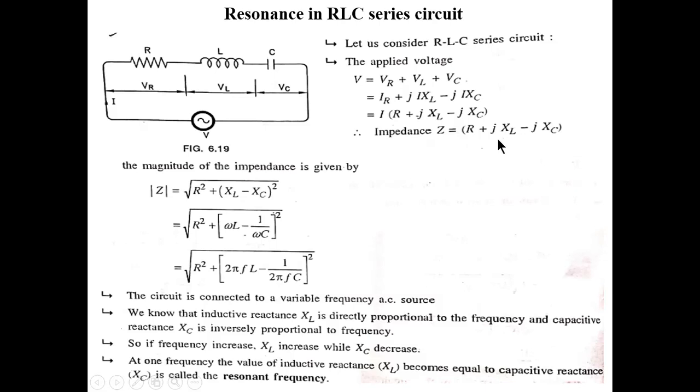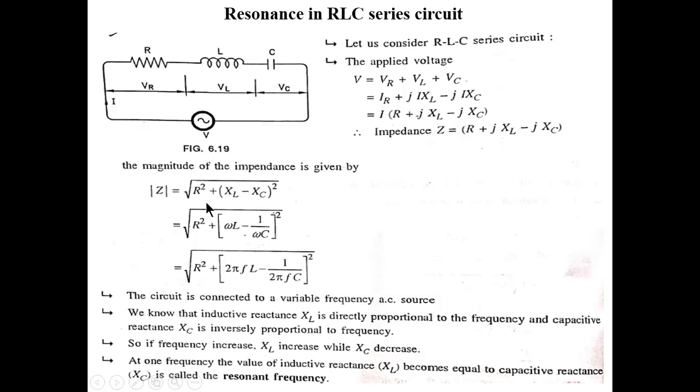From that we can derive the magnitude of Z. It is given as Z is equal to under root R square plus XL minus XC whole square, as XL is equal to omega into L and XC is equal to 1 upon omega C. But we know omega is equal to 2 pi f. So by substituting omega, we get under root R square plus, in brackets, 2 pi fL minus 1 upon 2 pi f into C, whole square.